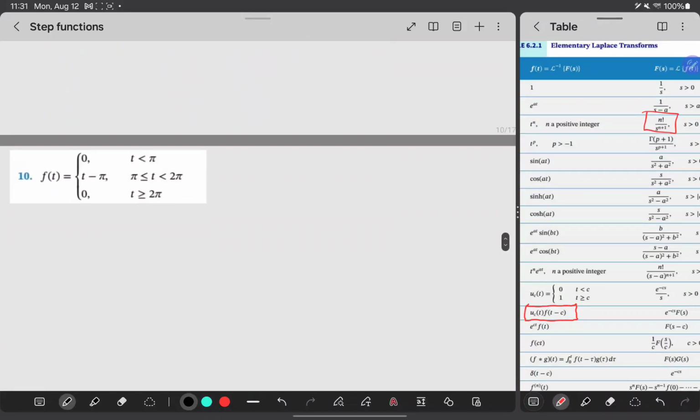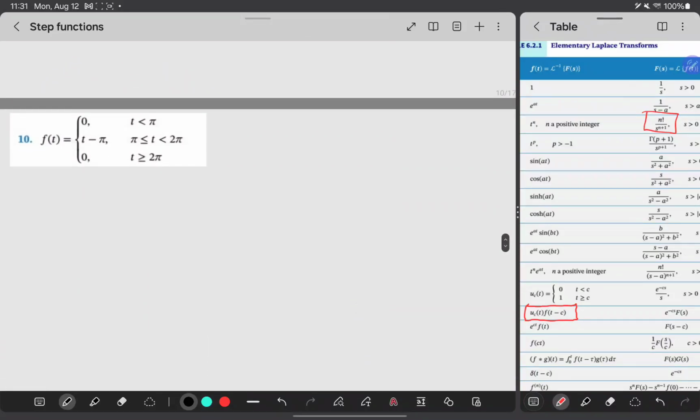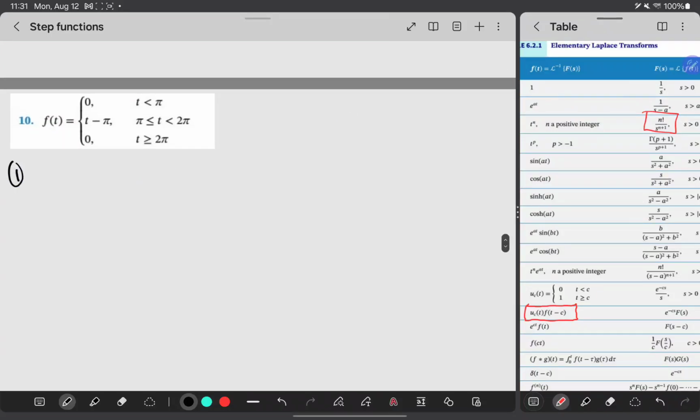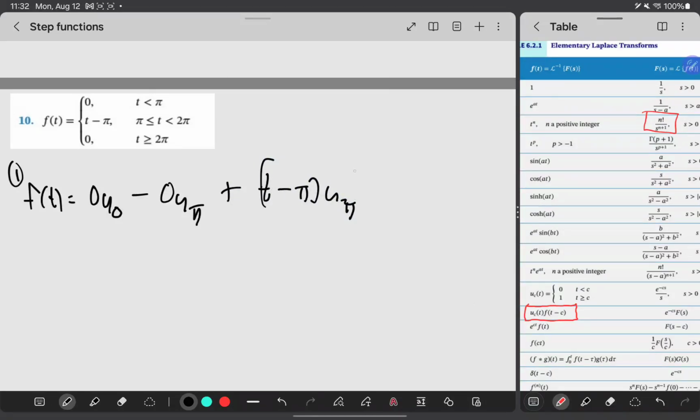So now let's look at number 10. Method 1, right? Going by the jumps, we have 0 u of 0 minus 0 u pi plus t minus pi times u of pi.